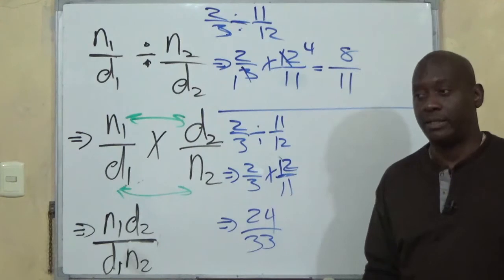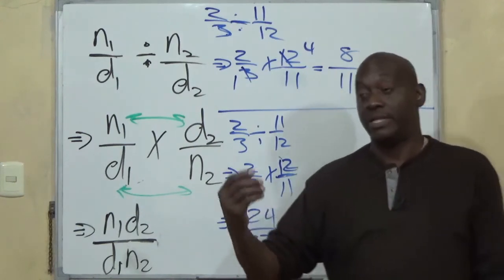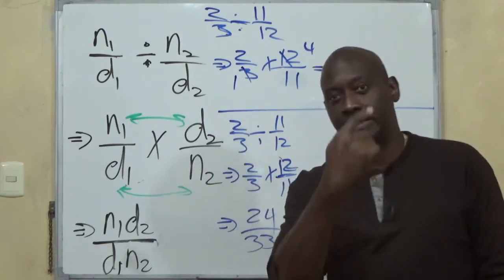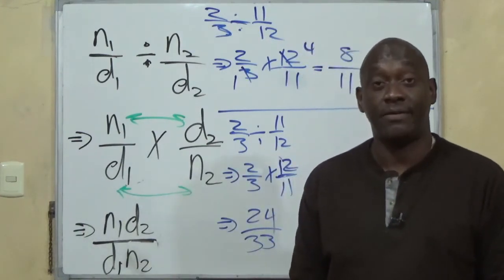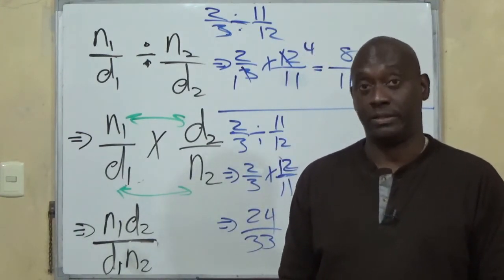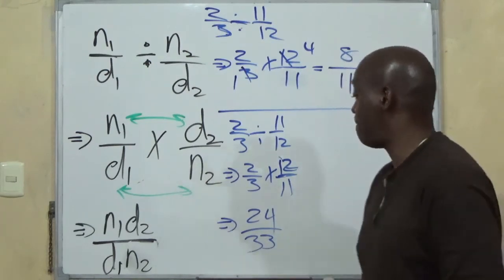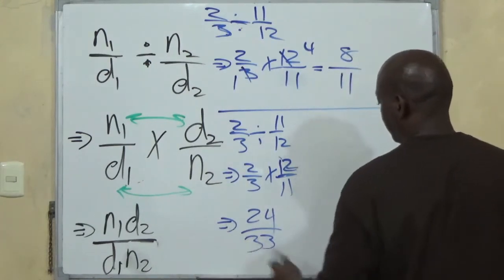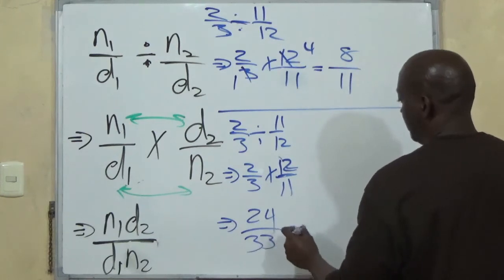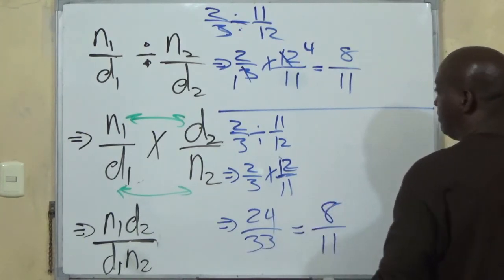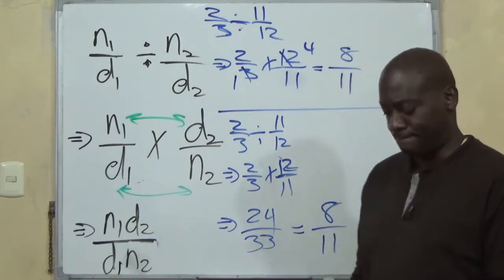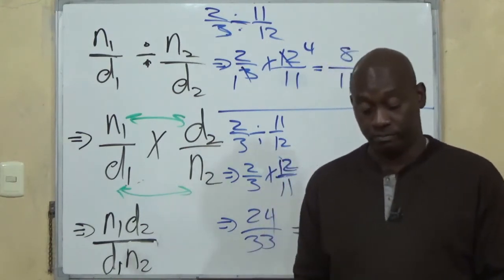But again, it just serves to reinforce the importance of your tables. The tables are very, very important. So, common factor of 3. 3 into 24 is 8. 3 into 33 is 11. Same answer. And that's it.